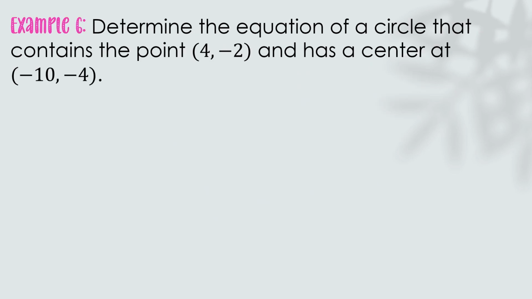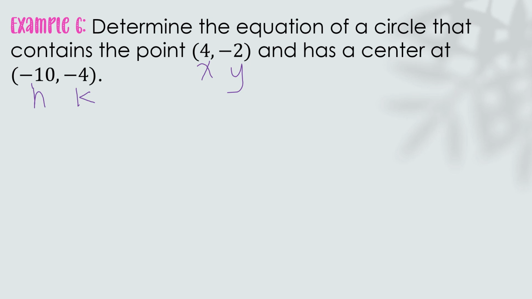All right, last one for this is to determine the equation of the circle that contains the point (4, -2) and has a center at (-10, -4). On this one, we know the center, so we have our h and k values, but we do not have the radius. Because they gave us a point, which is x, y, we should be able to substitute in and find that radius.